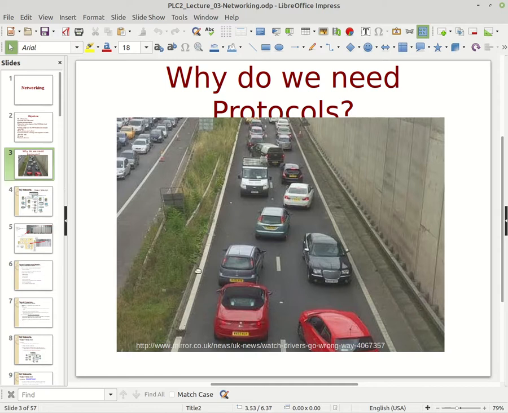But here you can tell looks like traffic is really backed up, and so a lot of these cars decided they're just getting off no matter what way, and that obviously just causes pure chaos. So we need protocols to establish the way things should be done so that communication can be done in an effective and efficient manner.